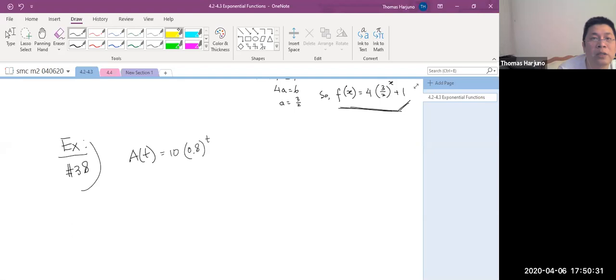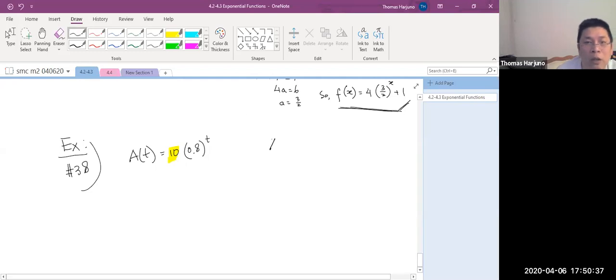Now, you will always see that this 10 here is always the initial value. Why? Because when t equals 0, you get only 10. Is it right?